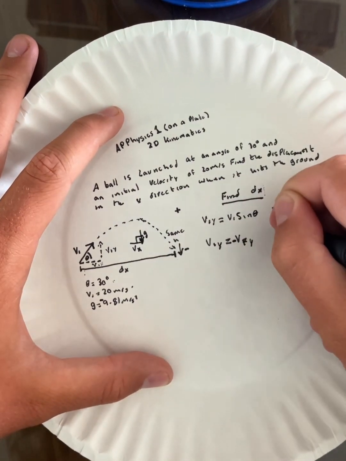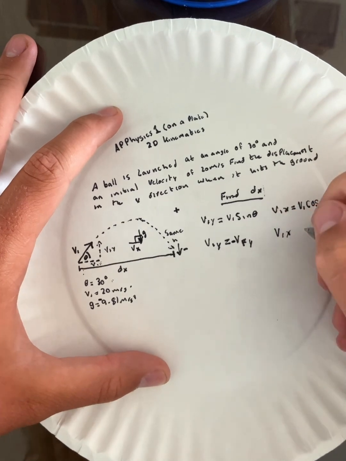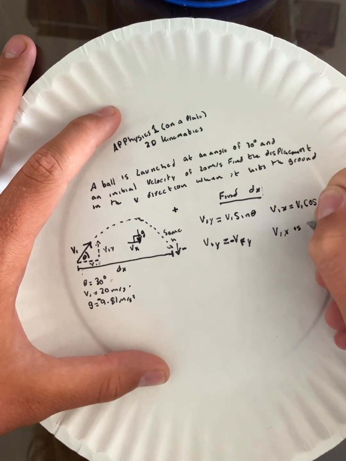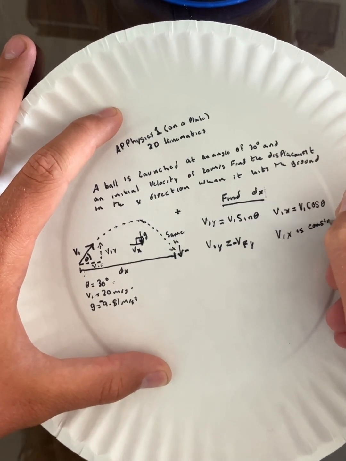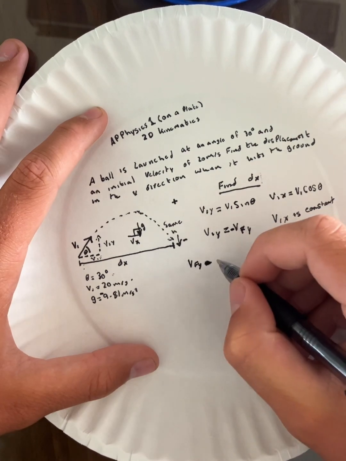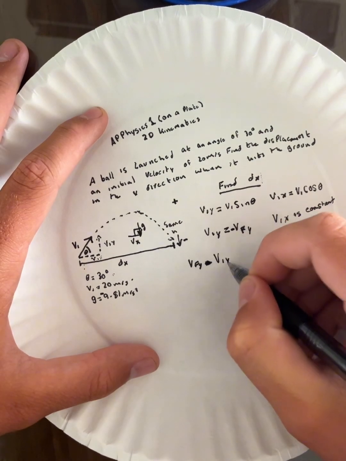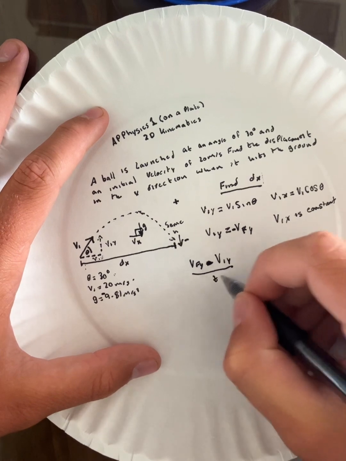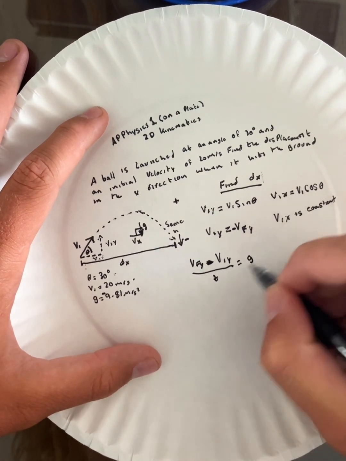So we know that our x velocity is constant throughout the entire motion, which will help us use another formula later. Our final velocity in the y direction minus our initial velocity in the y direction divided by the time is equal to the acceleration due to gravity, which is g.